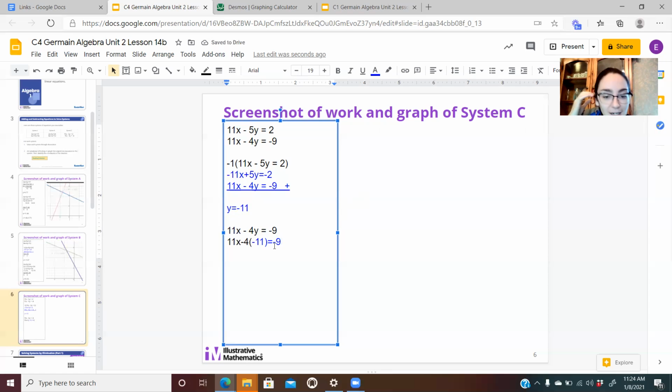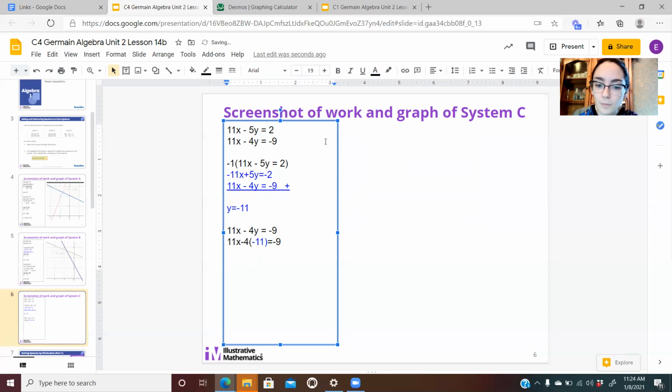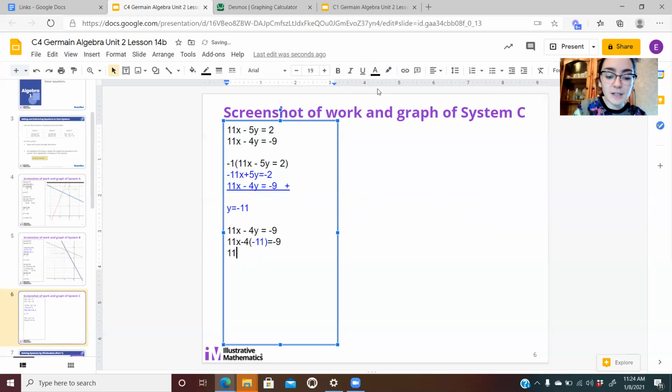Okay, so now I need to distribute here. I'm going to be left with 11x, -4, or -5, sorry, -5. This was -5.